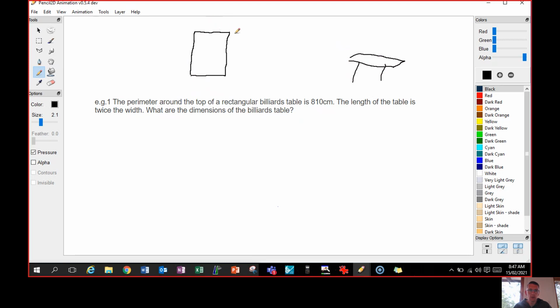So I know that the total perimeter of this equals 810 centimeters. If you think about how we get that, we have length, and we'll call this width, and length.